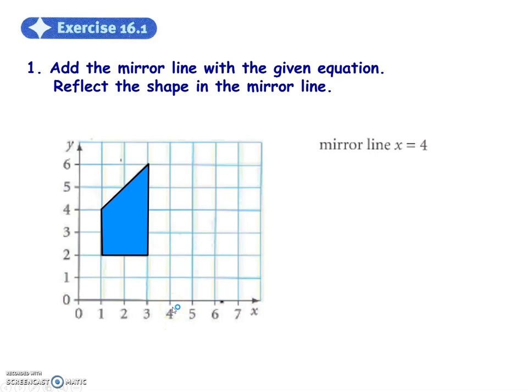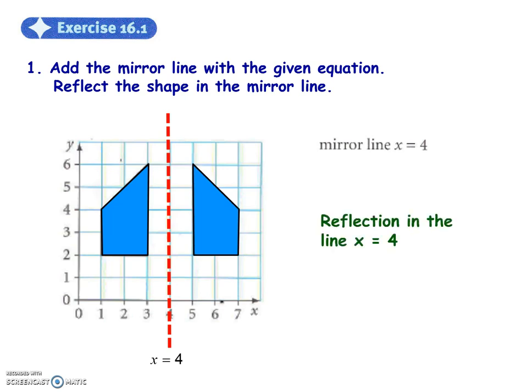And you are going to draw a vertical line as shown. This is your line x equals 4. And reflect it. You have your object and the image under the reflection in the line x equals 4.